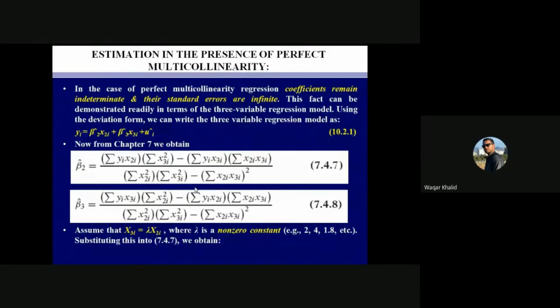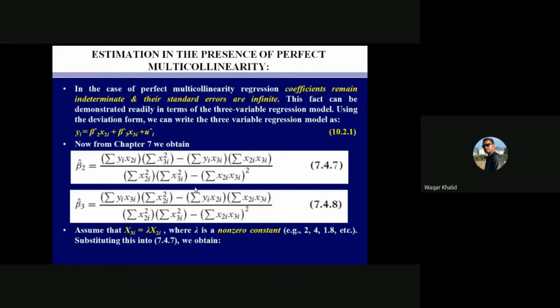This is the most important question: how can we estimate our parameters if we have the case of perfect multicollinearity? In the case of perfect multicollinearity, regression coefficients remain indeterminate and their standard errors are infinite, as we had already discussed.